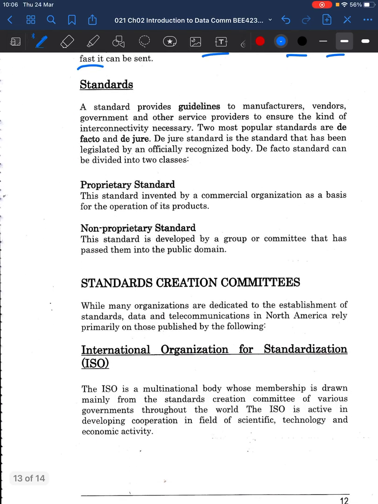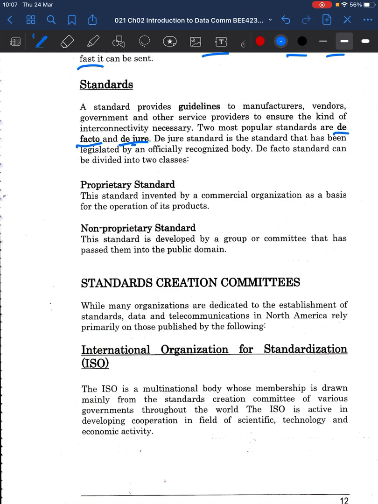The second one is standards. A standard provides guidelines to manufacturers, vendors, government, or other service providers to ensure the kind of interconnectivity necessary. Two most popular standards are de facto and de jure. The de jure standard is a standard that has been legislated by an officially recognized body.